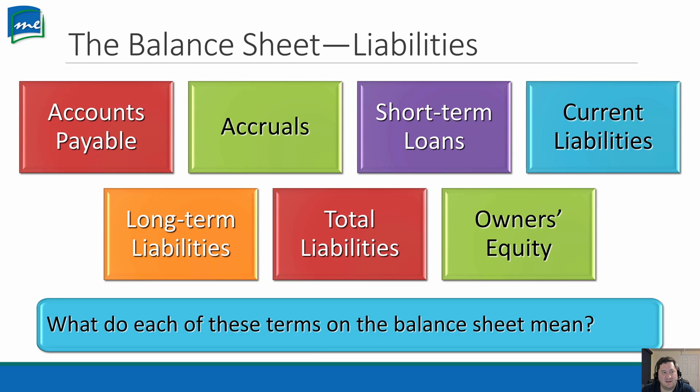Then we have the liabilities. So accounts payable. These are bills that we owe people. You can say paying for your inventory. If you get raw materials, you have to pay for it, right? So it would be accounts payable. If you have a utility bill, you have to pay that. That's an account payable. Then you have accruals. So this is money that you're going to pay out.